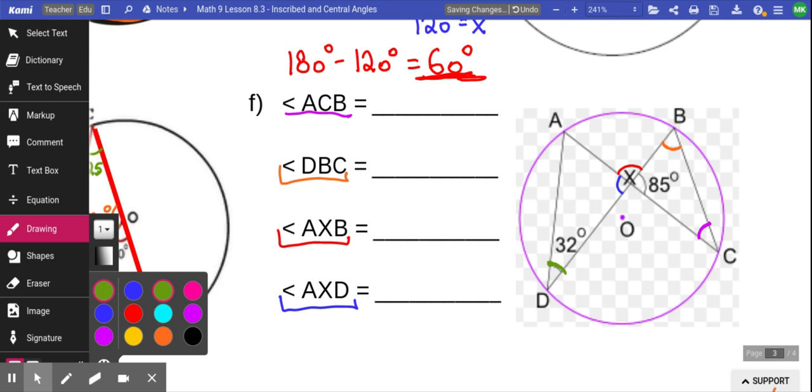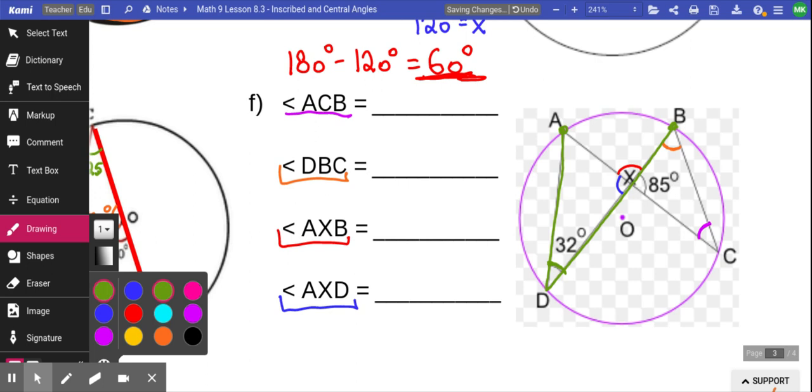That 32 degrees is how I connect from A to B. And I know inscribed angles are all the same. So if there's another way I could connect A to B, that inscribed angle would be the exact same thing.